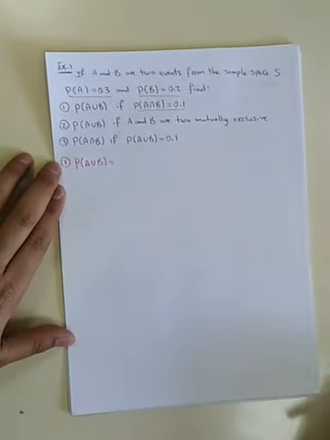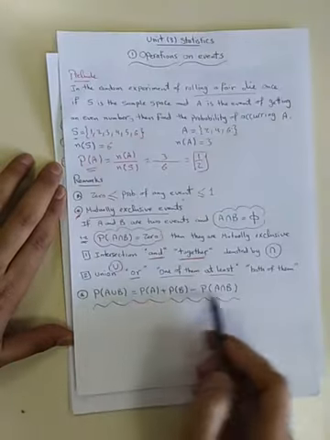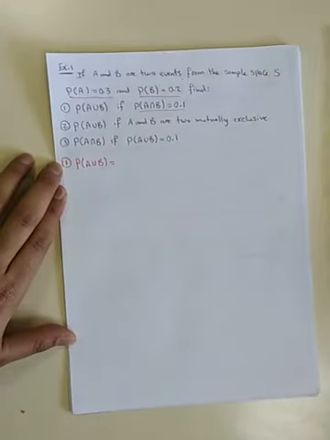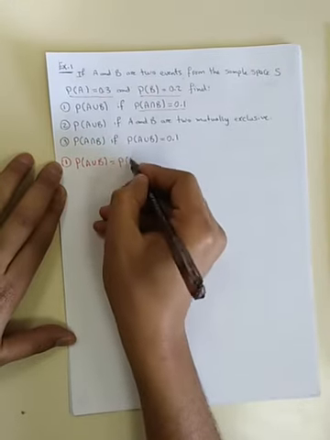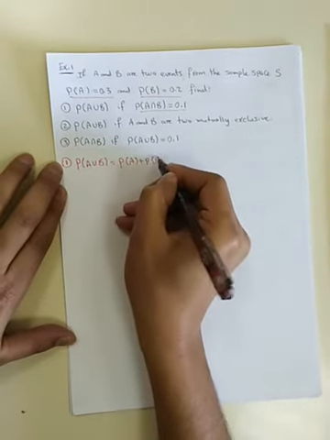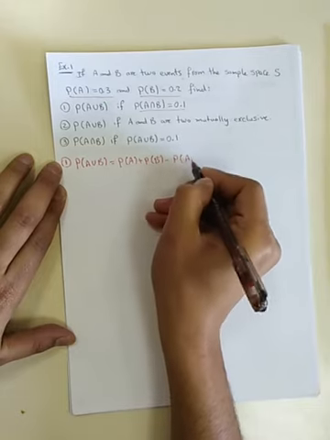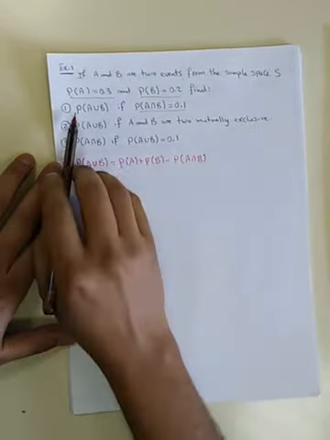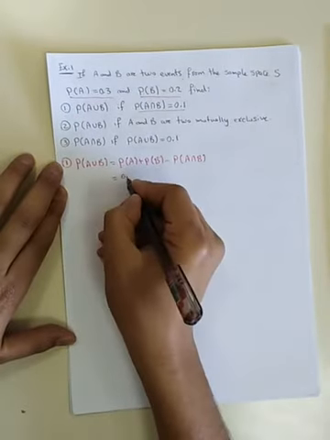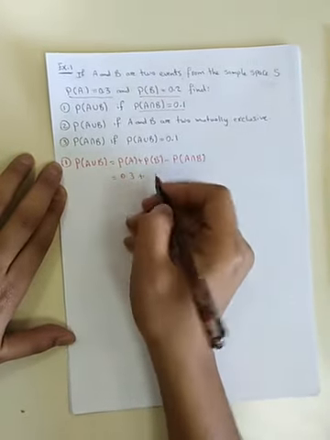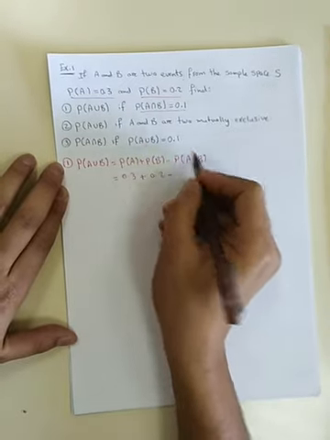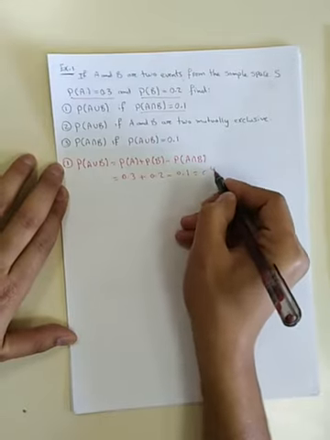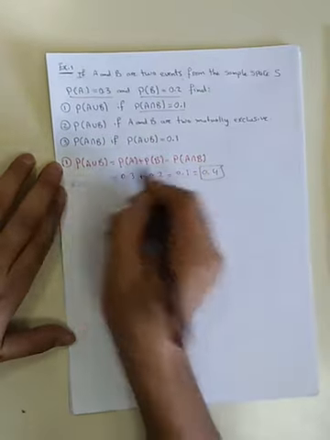Then we will use this rule: P(A union B) equals P(A) plus P(B) minus P(A intersect B). P(A) equals 0.3 plus P(B) 0.2 minus P(A intersect B) equals 0.1. And computing it, it will be 0.4.